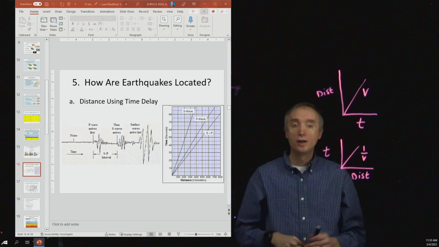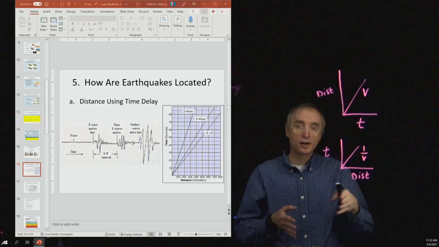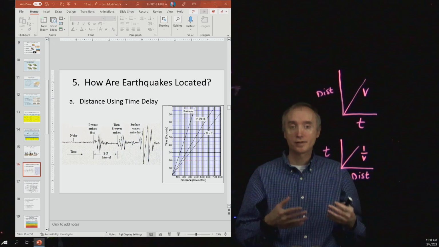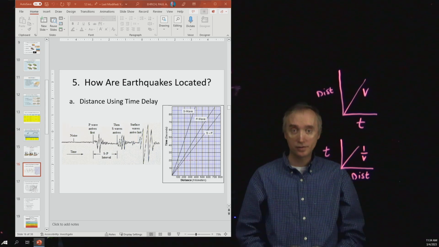The point is that scientists have measured the distances that different kinds of earthquake waves can travel, measured the amount of time it took, and then graphed it on a piece of paper. On this one, one of the lines represents P waves, the next line represents S waves, and the final one is going to be the S minus P waves.